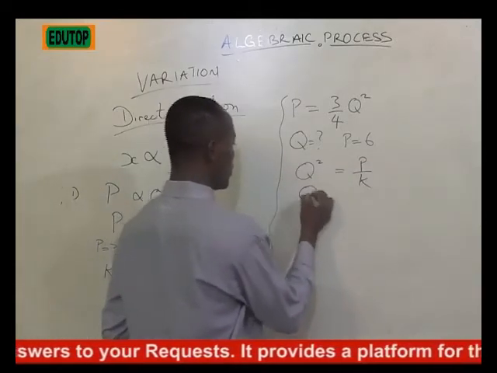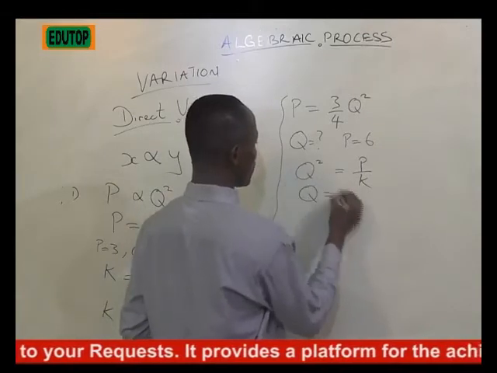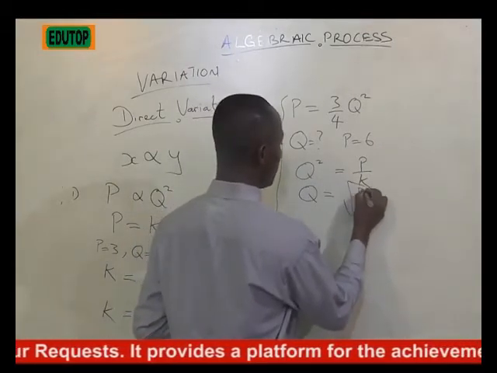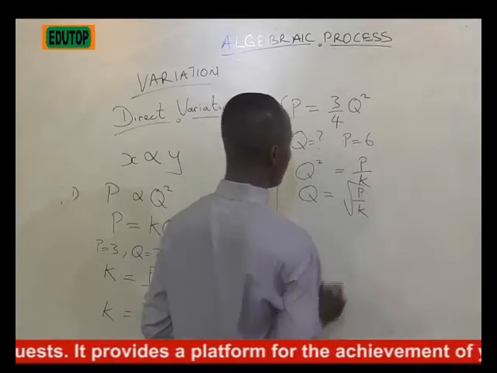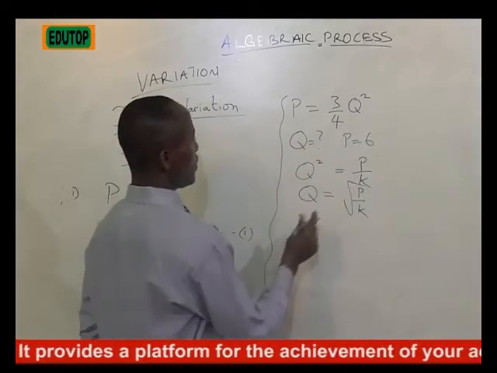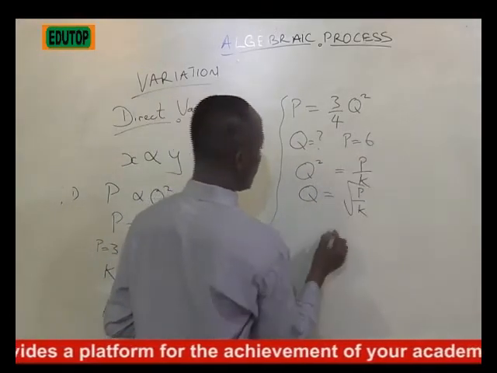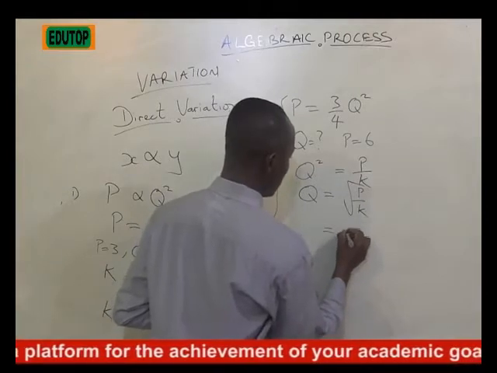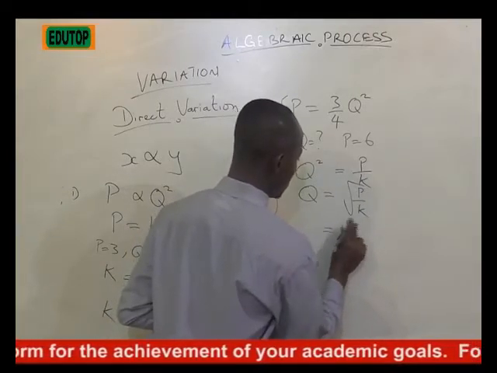Therefore, q is equal to the square root of p all over k. Now, we have been given our p as 6.